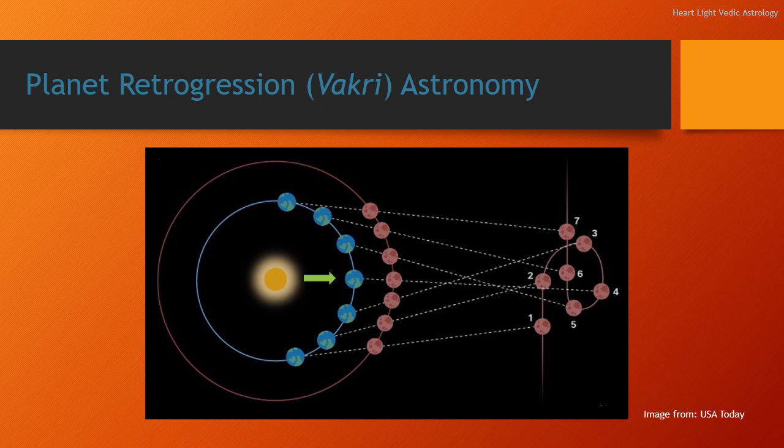Okay, then if we look at the middle Earth here with this green arrow highlighting it, then we're going to start to see we've just passed Mars. Then Mars is going to seem like it's behind us. So it's like Mars was ahead of us, and now it's behind us.